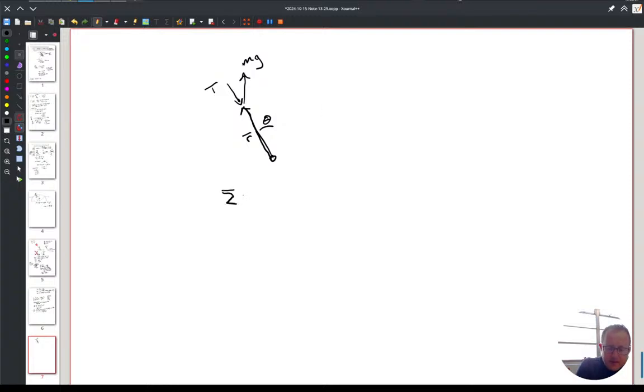So if I look at the sum of the moments around this point O, it's going to be R cross mg along that j direction. So it's this positive j direction.